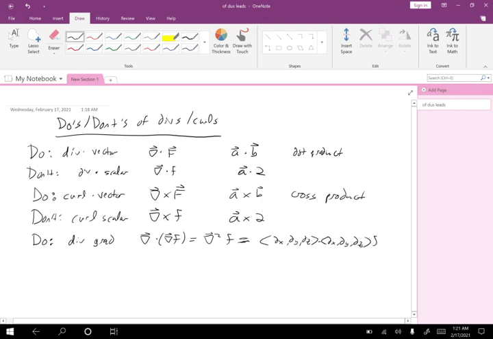Again, using lazy notation, this should just be d squared x, d squared y, d squared z. So in other words, fxx + fyy + fzz. This is called the Laplacian.